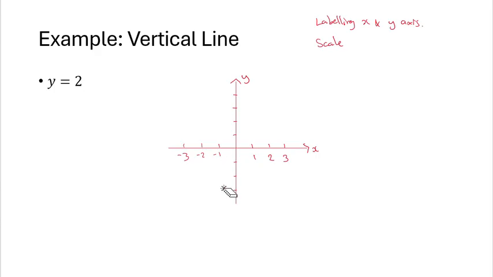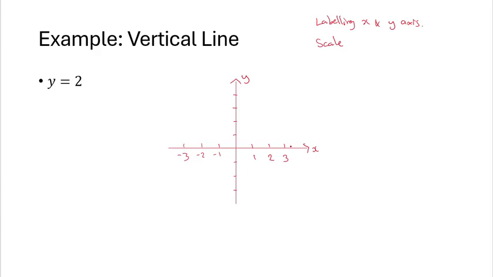Now, something to show you all. If you have a look at my x-axis here, my scaling across the x-axis is 1. Does that mean that my y-axis has to go up by 1 as well? Well, not really. You don't need to make it the same exact number across the x and the y-axis.